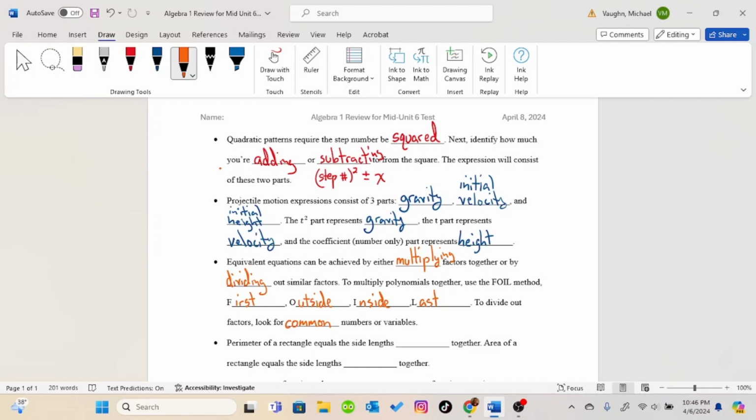It might be in factored form, it might be in standard form, and then they're going to ask you to identify all the similar or the equivalent equations.